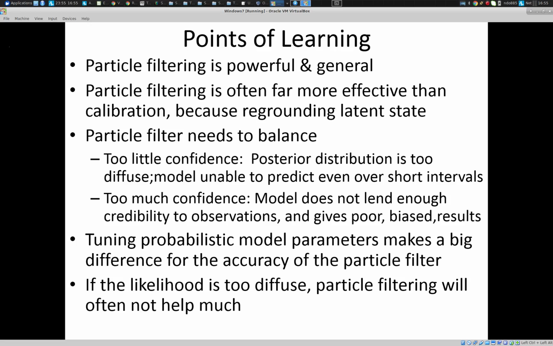You're not going to have a distribution of particles, you're going to have a single particle. It's only if you get divergence, in terms of different particle hypotheses, as it were, that it benefits.